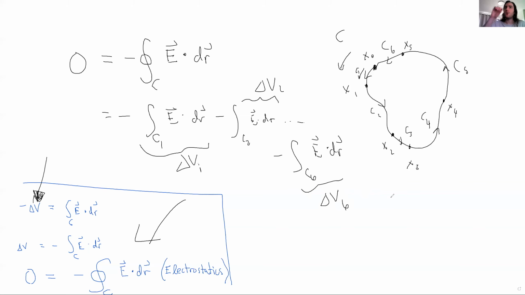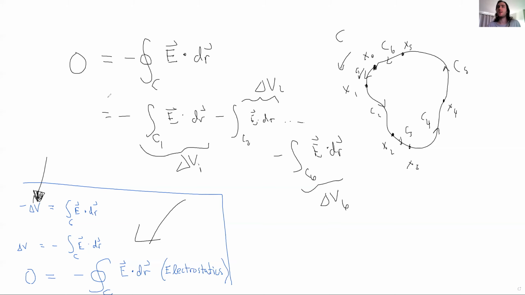And so if I go around this closed path, each new location I end up at, there's a potential difference associated with that path. I continue to move along this path and I gain some potential. I lose some potential. I gain some potential. I gain some potential. And then I lose a lot of potential. And eventually, as I go around that path, I end up at zero, a net change of zero.